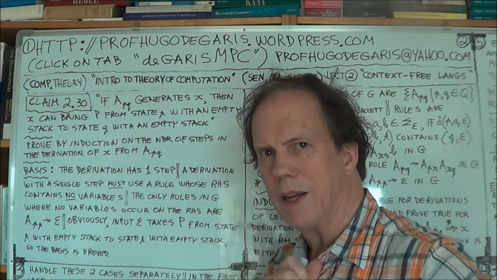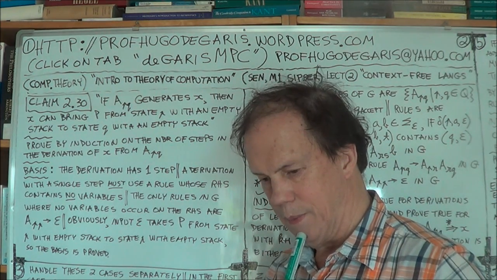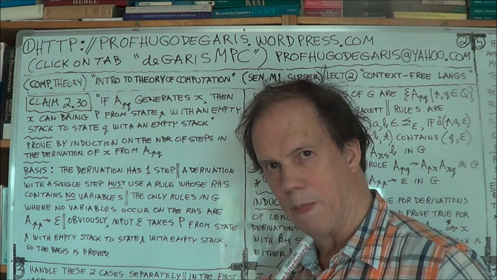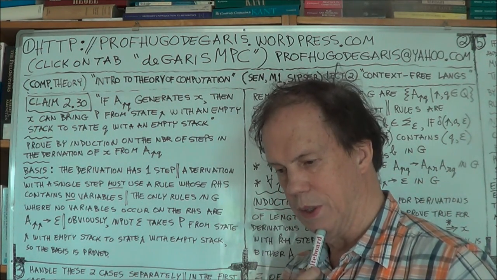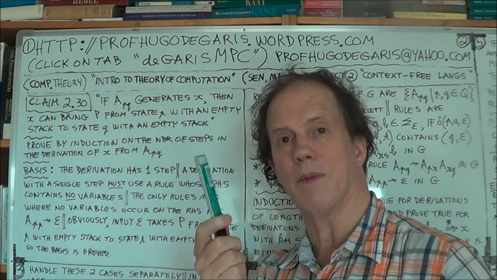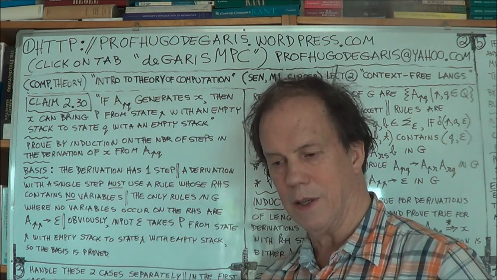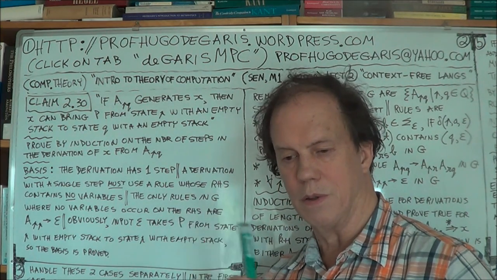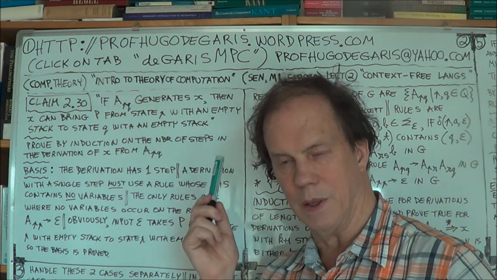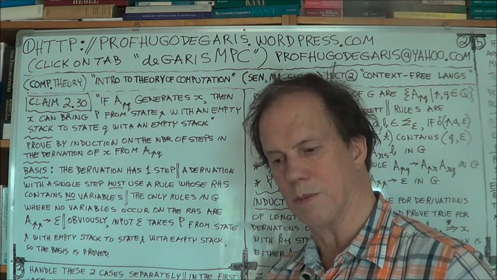Now, derivation, what does that mean again? Bit of a refresher. You derive a string from a variable by using substitution rules. Let's start at the beginning. You start with a start variable, capital S, and then you apply successively substitution rules. So you look at your intermediate string, and you find a variable, and you find a rule whose left-hand side matches the variable that you're going to substitute.